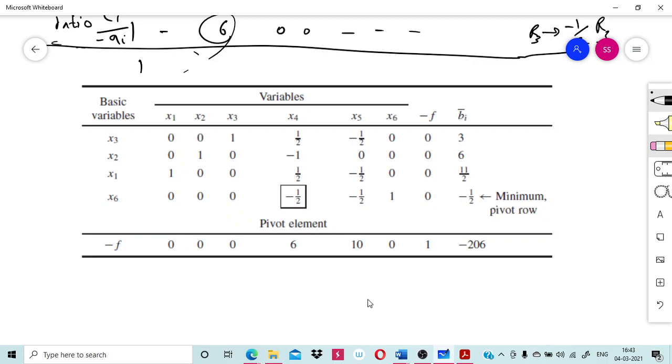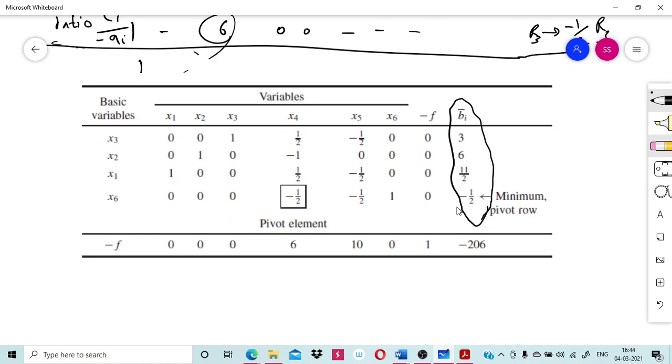Okay, and in this way you have to proceed. You have to proceed until this BI, the solution column, becomes all positive. The set of elements up to here becomes positive.